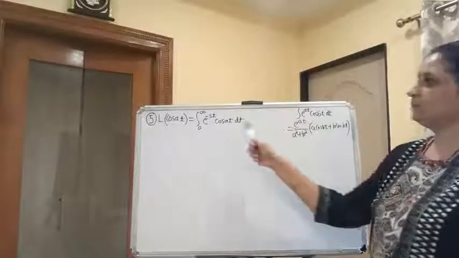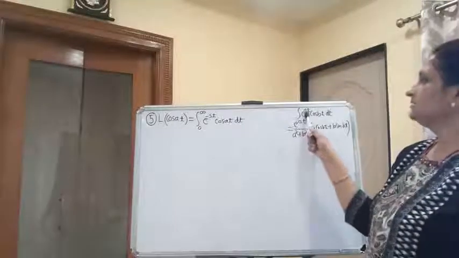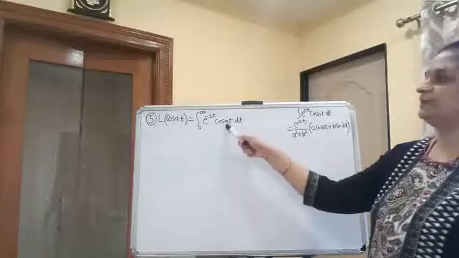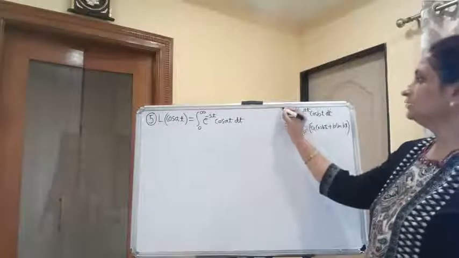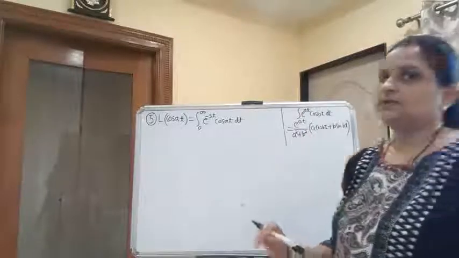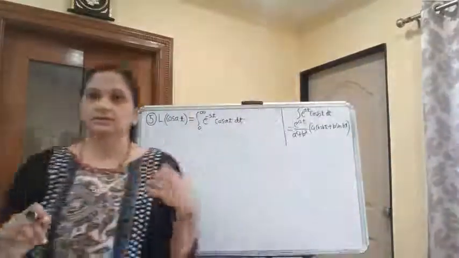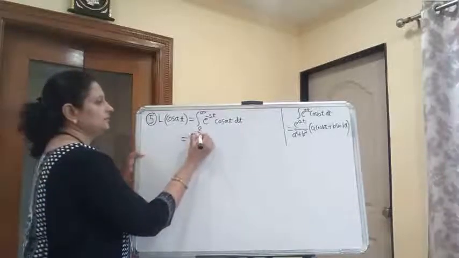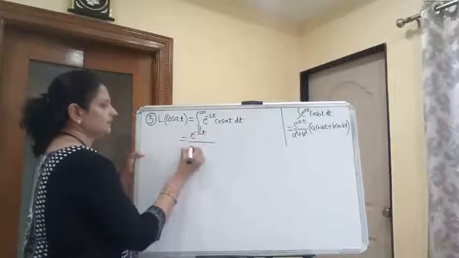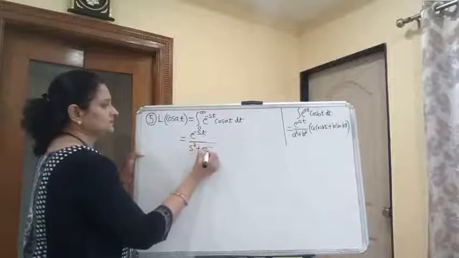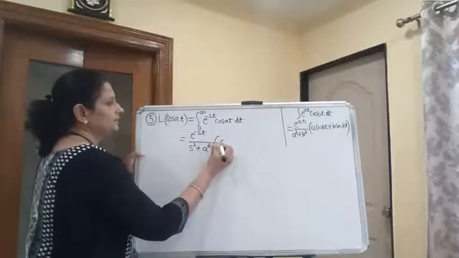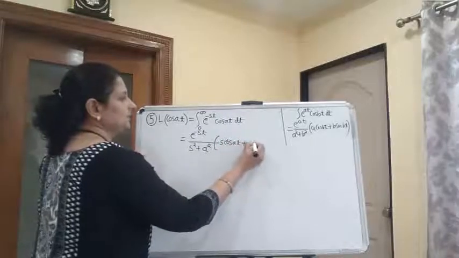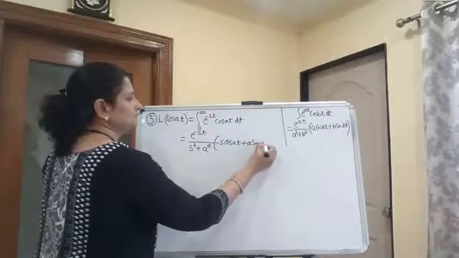So comparing both the integrals, a should be replaced by minus s and b should be replaced by a. So doing the proper replacement and integrating this integral, we obtain e power minus st by s square plus a square into minus s cos at plus a sin at.